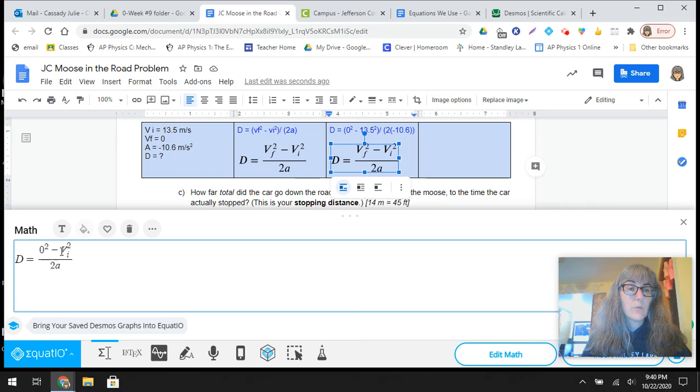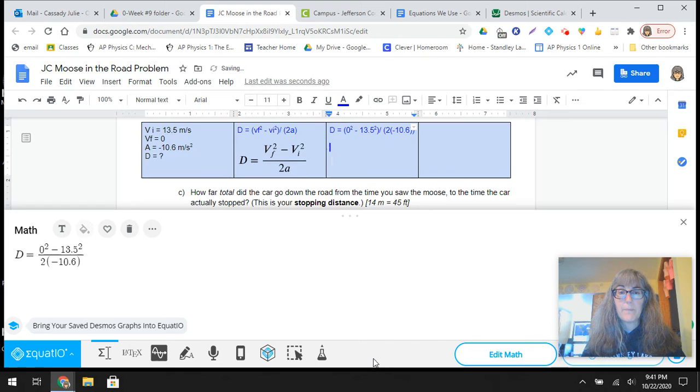So we've got 0 squared minus 13.5. I'm using the character above the 6 to get the squared. And then 2 times negative 10.6. And we can insert math. So that would be another way to do that substitution.